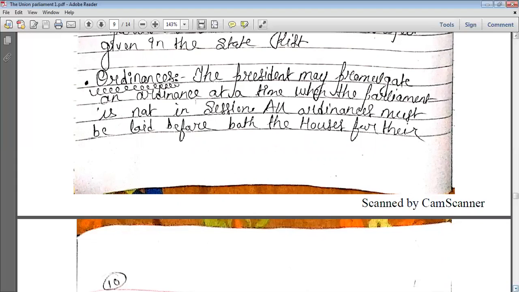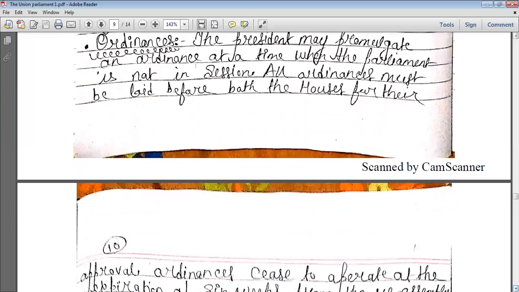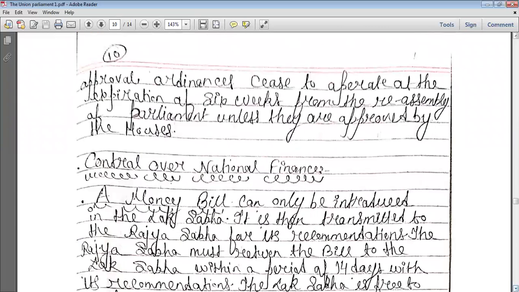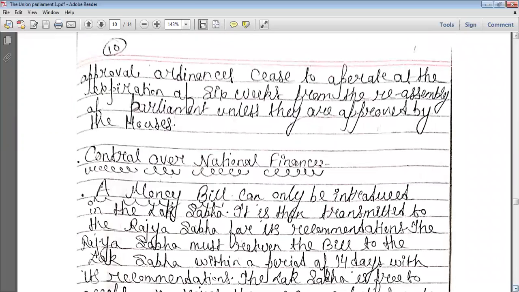Whenever the parliament, meaning the Lok Sabha, is absent from the house, then the president can promulgate an ordinance, and all ordinances must be laid before both the houses for their approval. So whenever the Lok Sabha comes into session again, then the approval should be there.